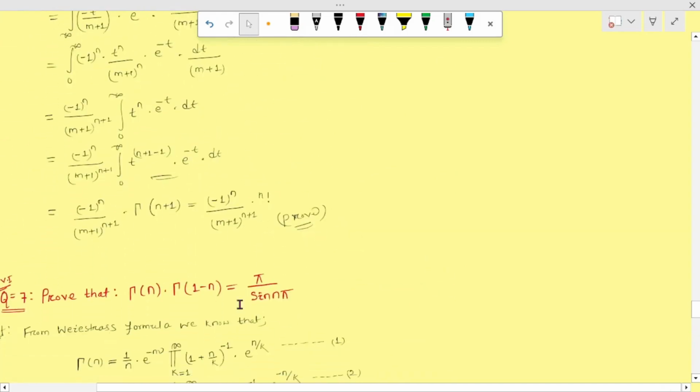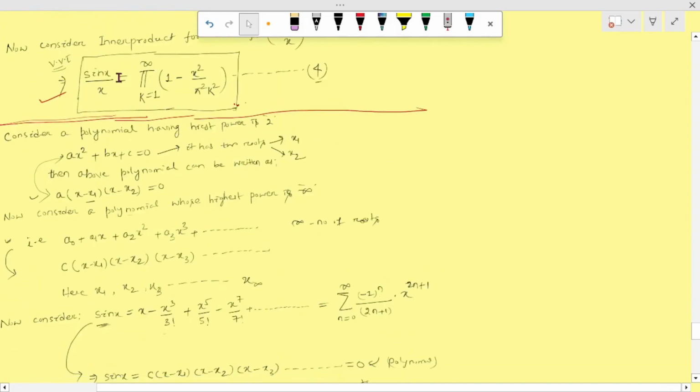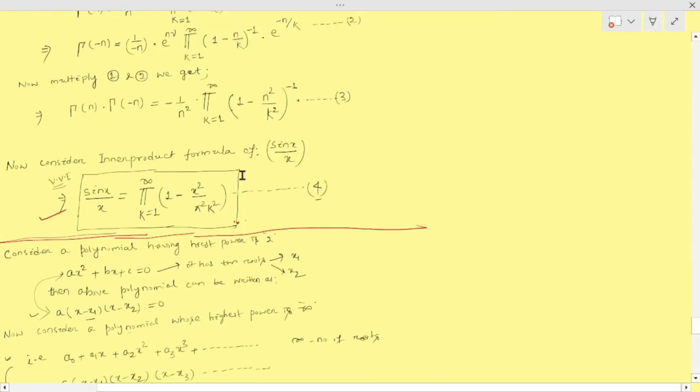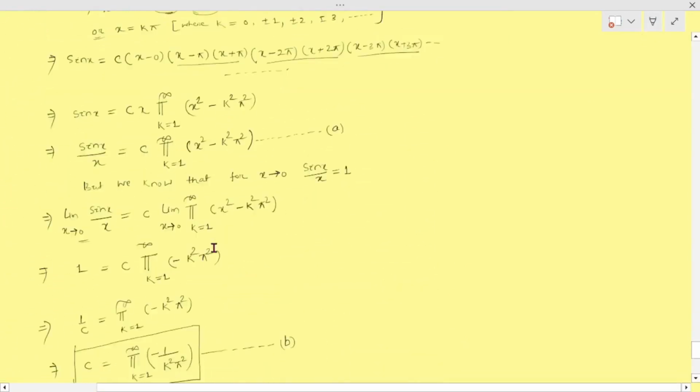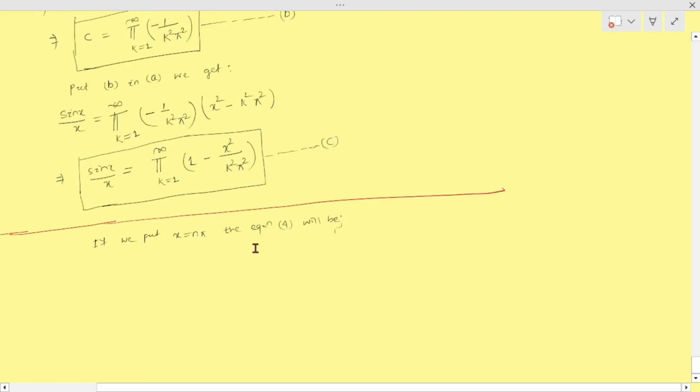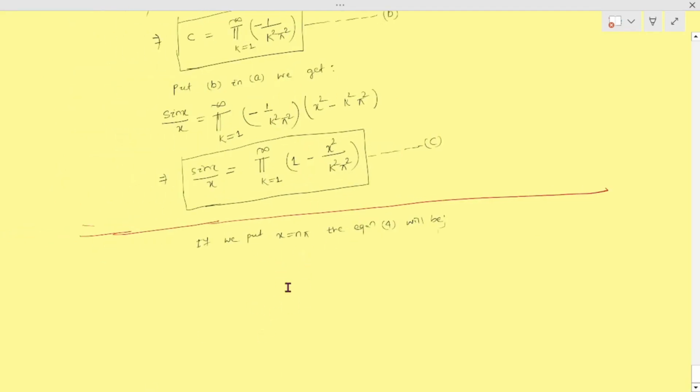For question number 7, this proof, the infinite product of sin x by x, is not required. So what I proved, you can write in a note, it may be required for some other numerical.